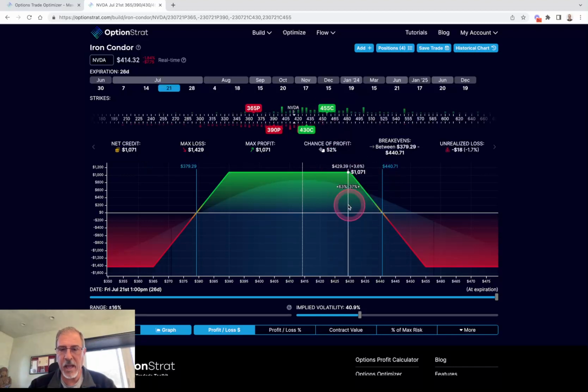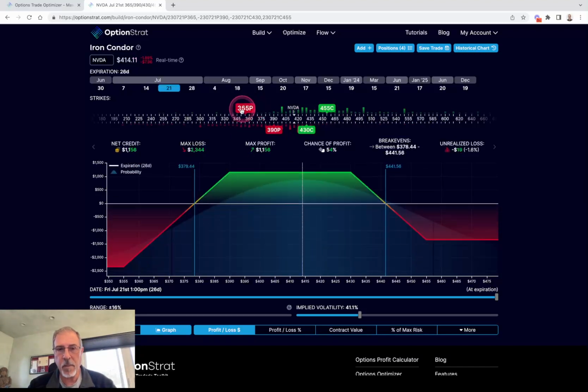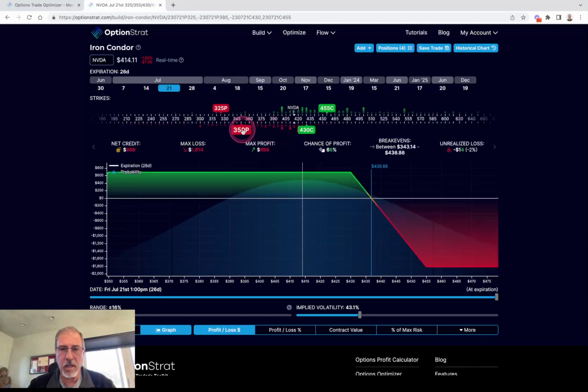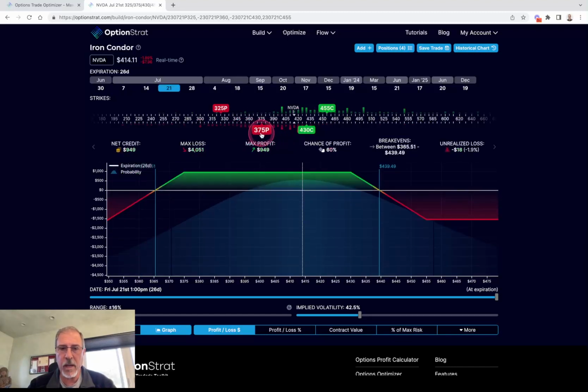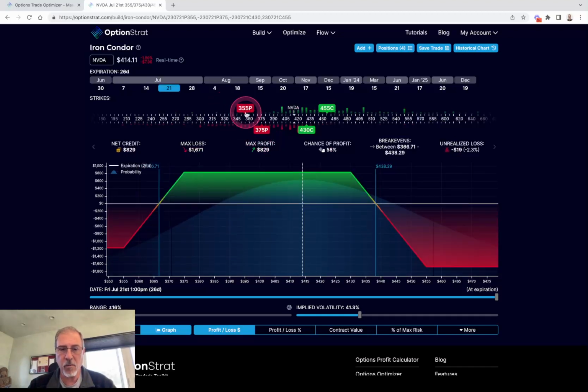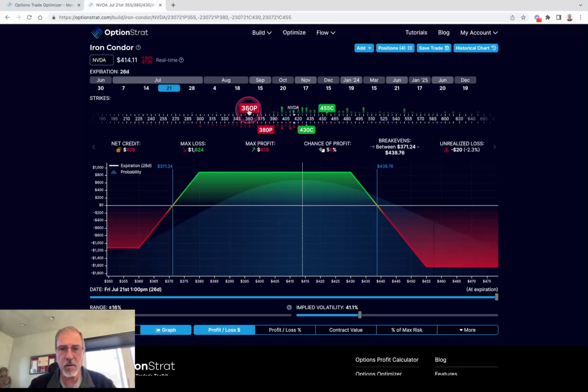So I've got that position maybe where I want it, but how I'm going to skew this to give it a little more downside room, if you will, is I will take the bottom half of this and move it quite a ways out. I think I'd said 370 is where we wanted to have our risk on the downside, so I can even pull this in a little bit further.